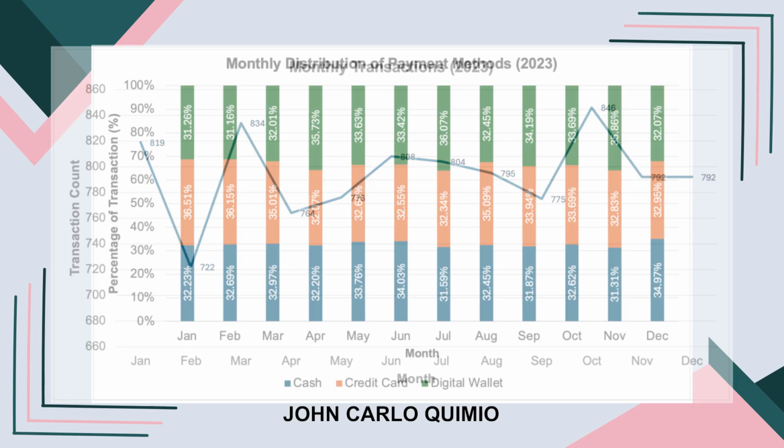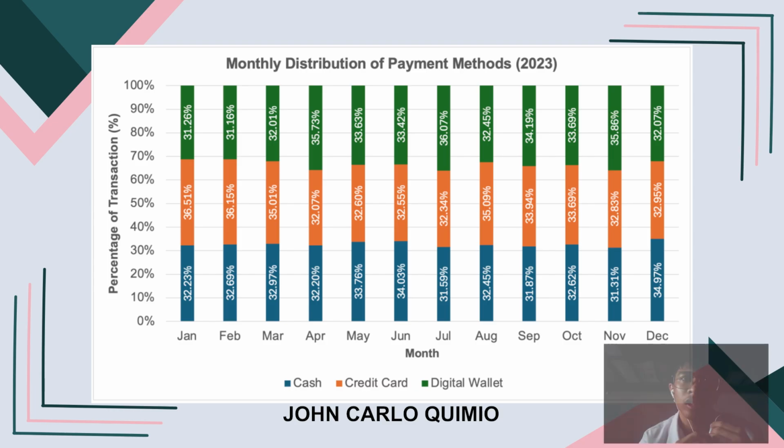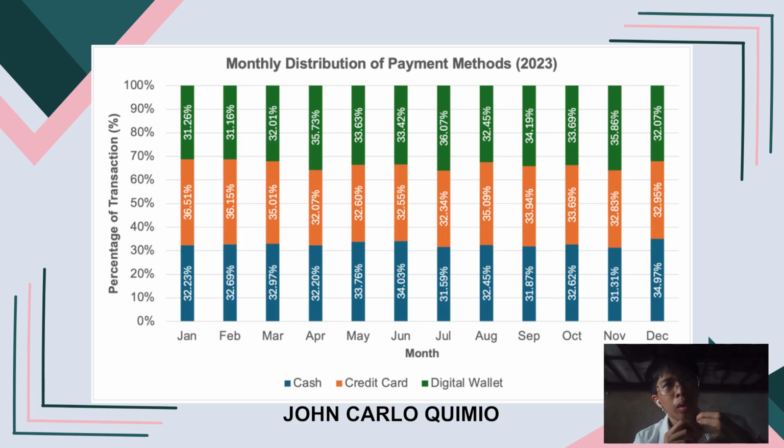Kita natin ang monthly distribution of payment methods. Kung titingnan natin ang breakdown sa pagitan ng cash, credit card at digital wallet, ang pinaka-interesting dito ay ang stability nito. Buong taon walang nag-iisang payment method ang talagang nakakalamang. Halos pantay-pantay sila buwan-buwan.